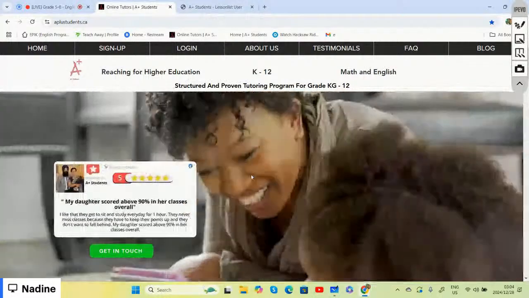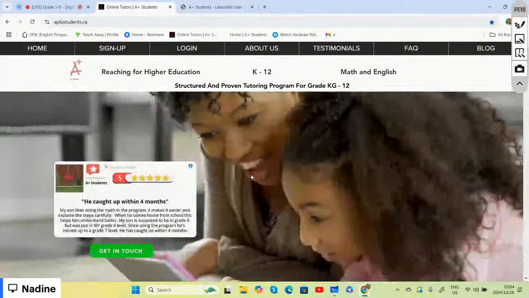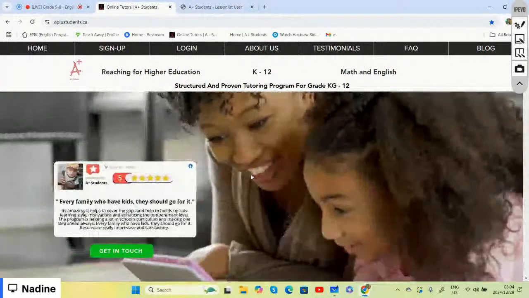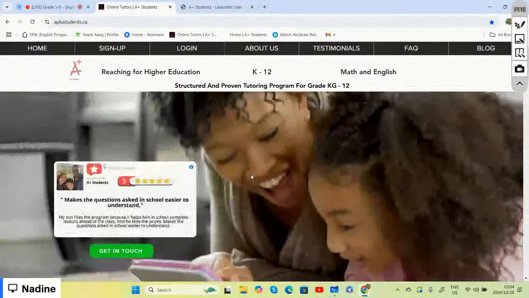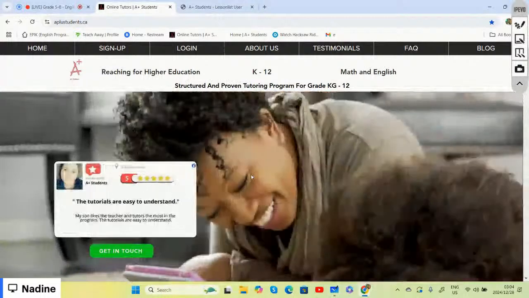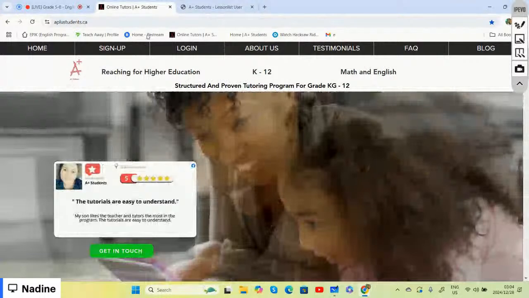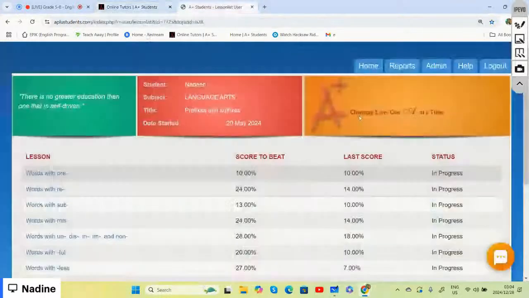We're doing grade 5 to 8. Then we're going to scroll down until we get to our chapter of prefixes and suffixes.